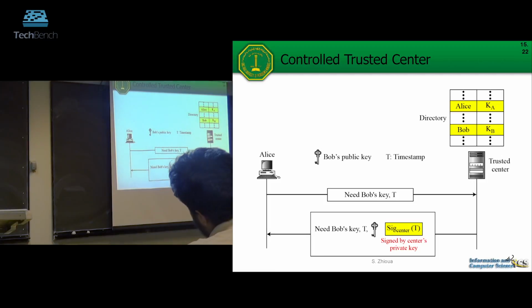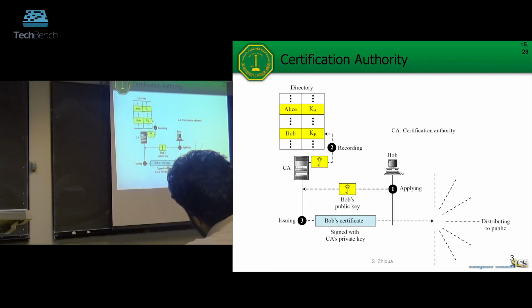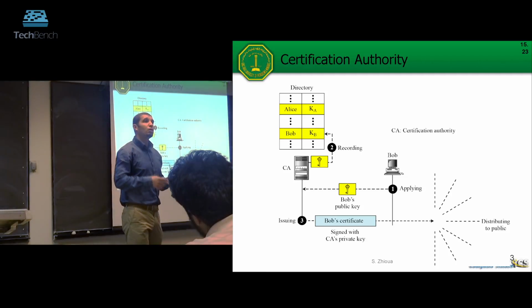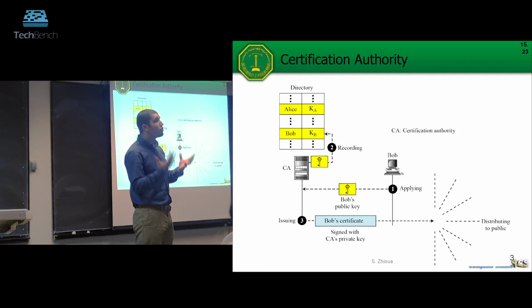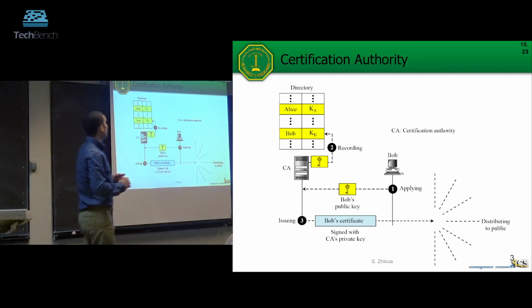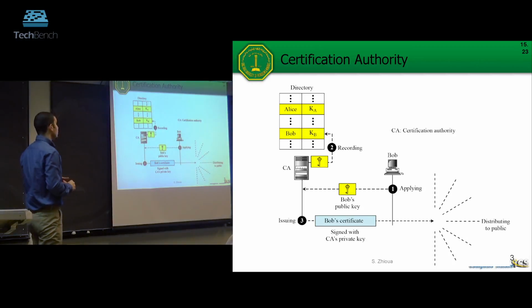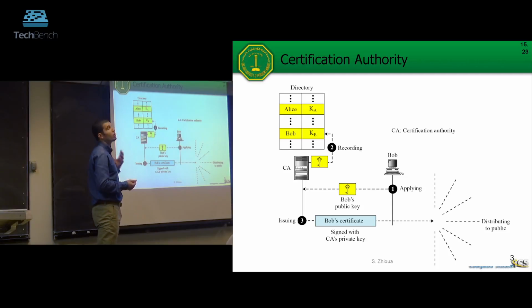Okay. Now if you are on the internet, not just one private network, how can you get the public key of certain websites which are used by millions of people? Now the answer here is to use what we call a certification authority.